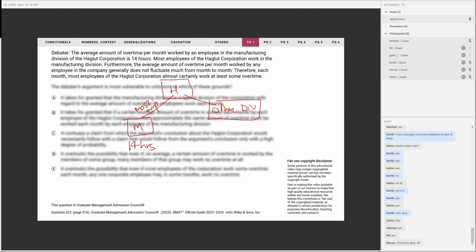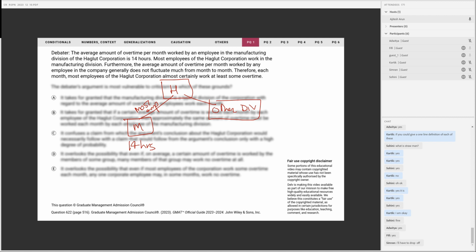Furthermore, the average amount of overtime per month worked by any employee in the company generally does not fluctuate from month to month. So they're saying that the amount of overtime that an employee works is pretty much stable. And now they come to the conclusion. Therefore, each month, most employees of this company almost certainly work at least some overtime.